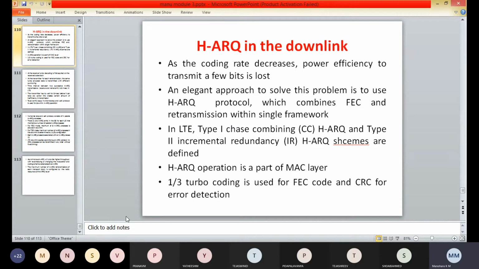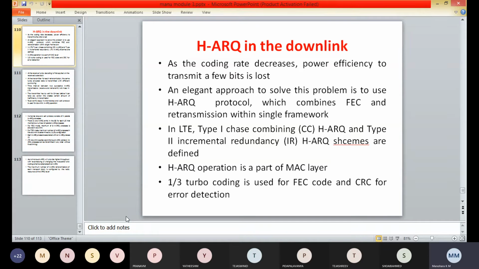So it is an acknowledged process in LTE for a received error packet. In LTE, both type 1, chase combining, and type 2, incremental redundancy, HARQ schemes have been defined. The HARQ operation is part of the MAC layer while the physical layer handles soft combining. At the receiver, turbo decoding is first applied to the received code block.